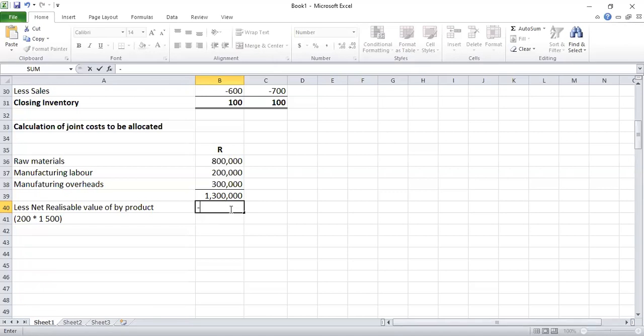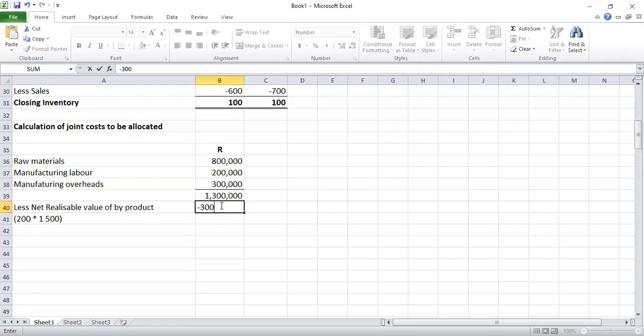Hi, Eugene. Yes. I just wanted to find out, that NRV value, do we always subtract the byproduct, even though it was not processed further? Yes. Remember, we say sales. We're not saying we subtract the net realizable value only if it's sold further. As long as it's sellable, because you can sell it in its format at the split off point.